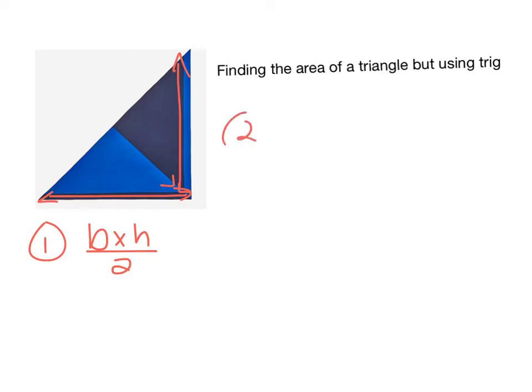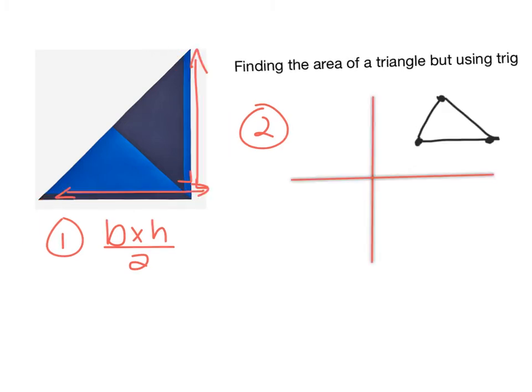The second way we met was when we came to coordinate geometry and we were given a triangle on a coordinate grid like this and asked to find the area of it. So hopefully you remember that we have a formula for that in the log tables. I don't have the log tables in front of me, but it was something like this: y2 times x1 plus x2 times y1.